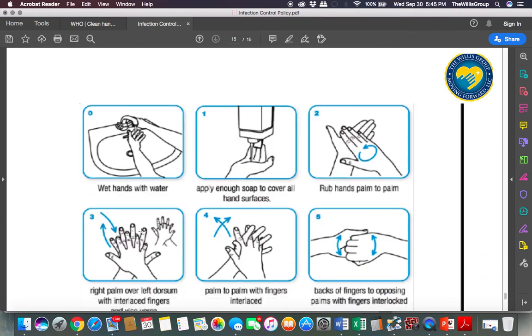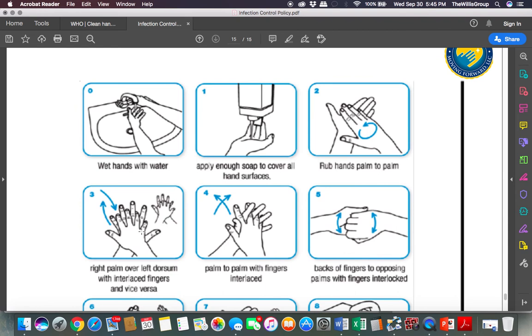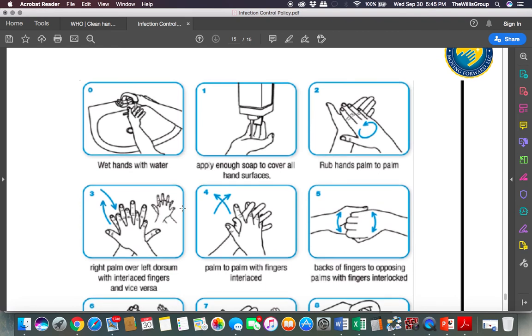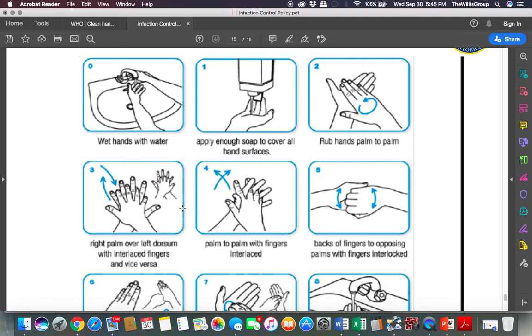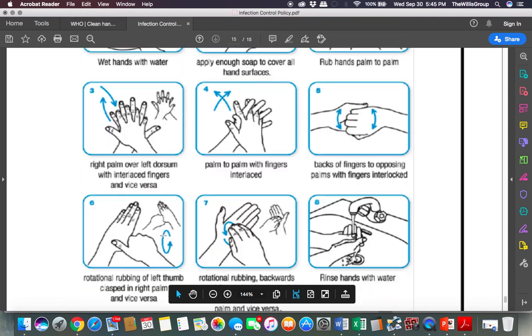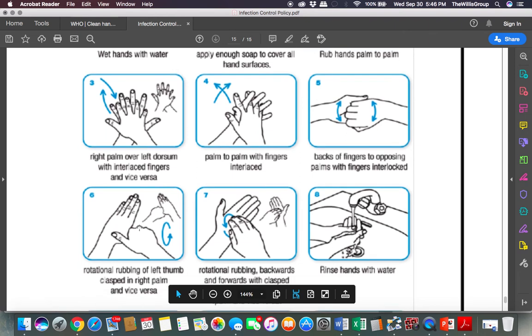And then this is what we referred to earlier in our presentation, a more thorough way to wash your hands. Apply enough soap to cover everything, not just a drop of soap, rubbing your palms together, left hand over right hand over left hand, the back of your hands, rubbing your thumbs.